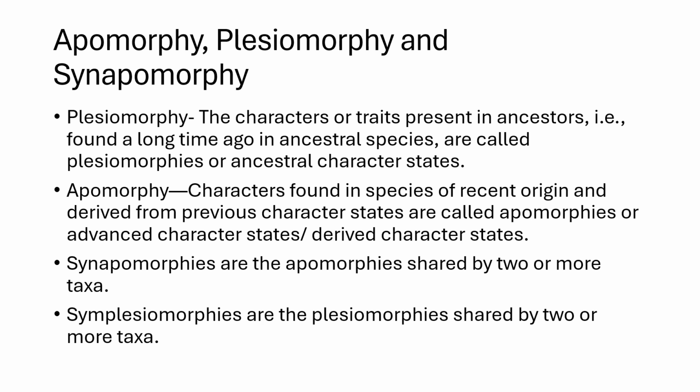Synapomorphies are the apomorphies or the recent character states that are shared by more than one taxa. So any two taxa, if they have the same sort of apomorphies, they are known as synapomorphies. And then there's another term called symplesiomorphies, which are the plesiomorphies shared by two or more taxa.